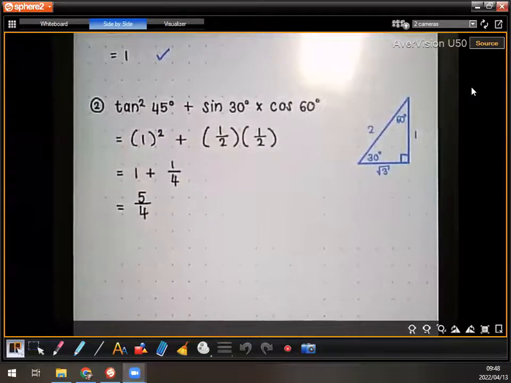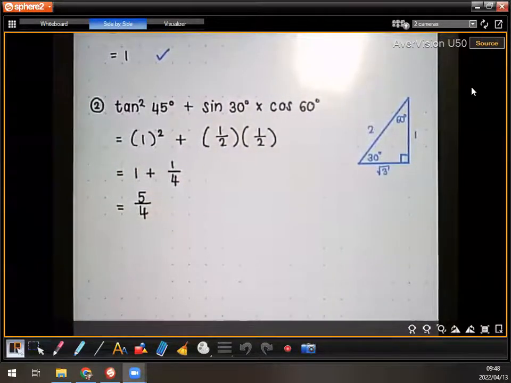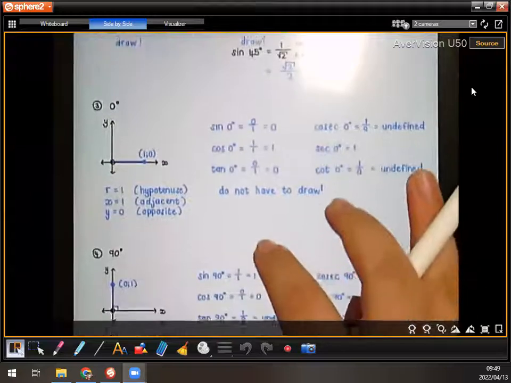Okay, now guys, you're probably going to shout at me now, but don't shout before I've even said it. If you have a question like this, and it's 0 and 90 degrees in the question, like I said on the previous page, the 0 and the 90, you don't have to draw that.